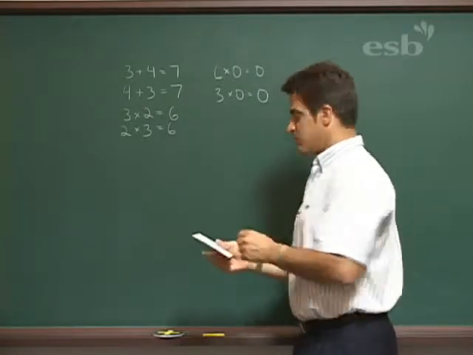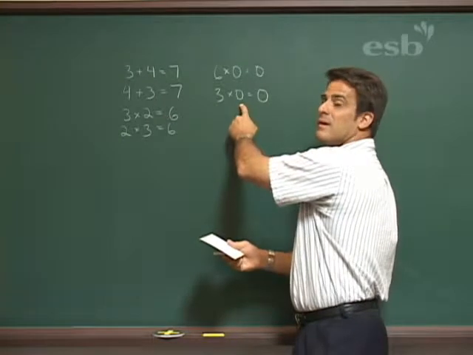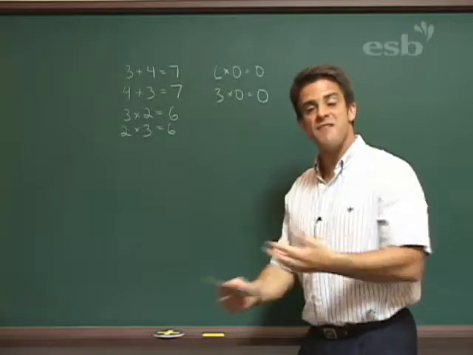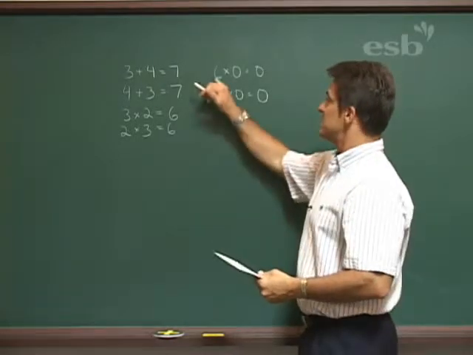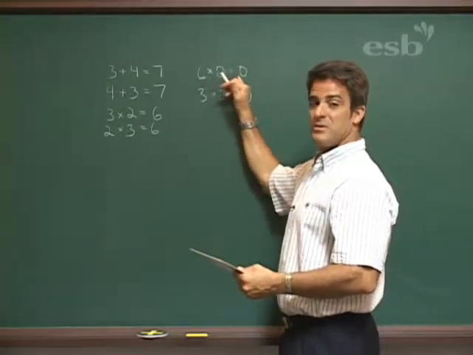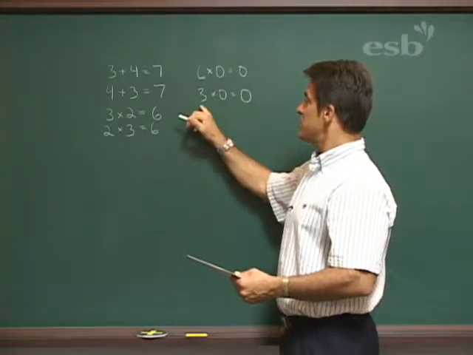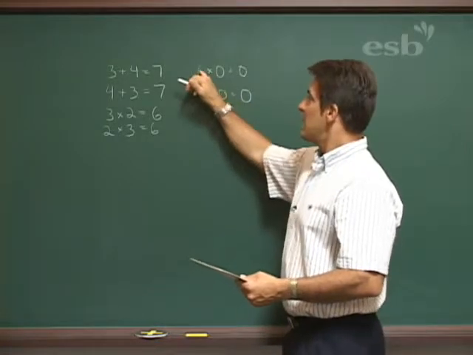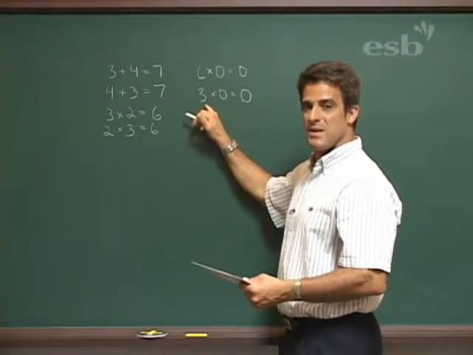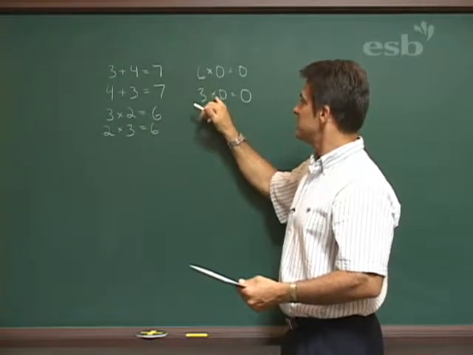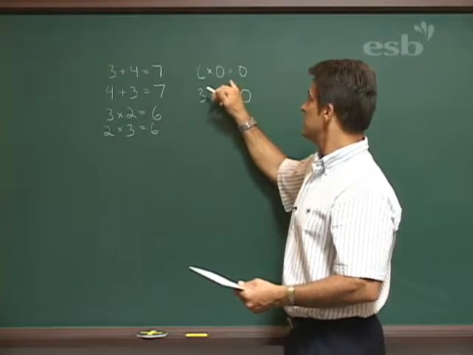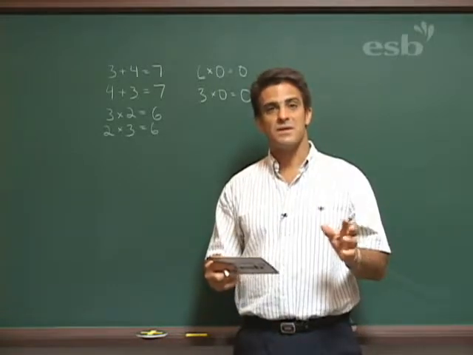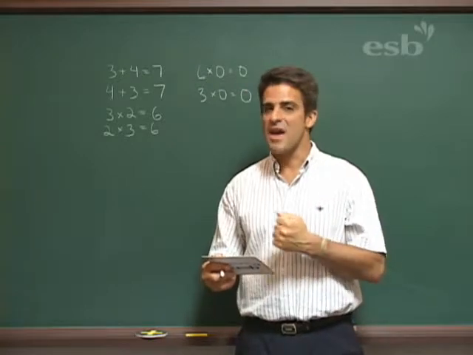Any number multiplied by 0 equals 0. 0 is a multiple of every number. 6 times 0 equals 0. 3 times 0 equals 0. Any number times 0 equals 0. Therefore, 0 is a multiple of every number.